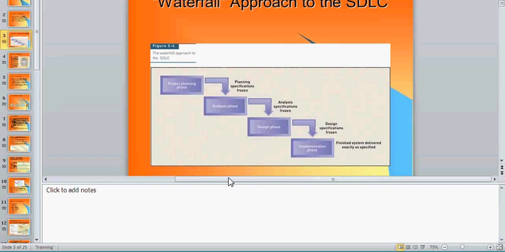Now, what is the other reason? The other reason is, look at your waterfall model. How many times are the business sponsors or business stakeholders playing a major role in the project that they are sponsoring?